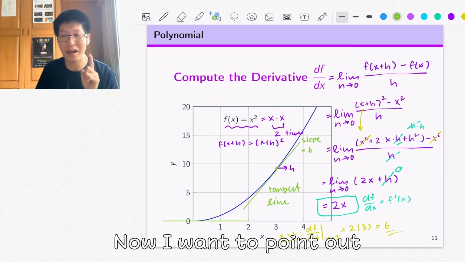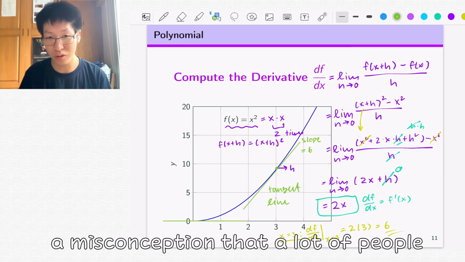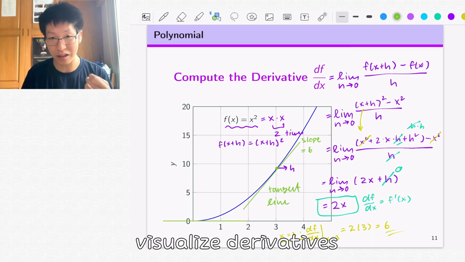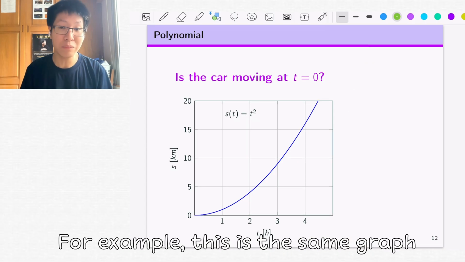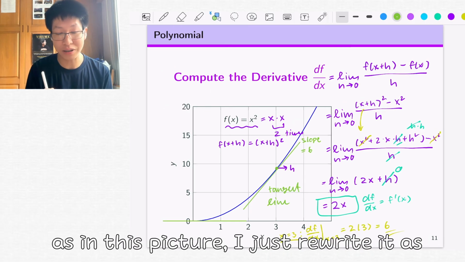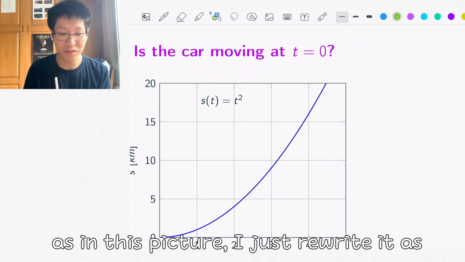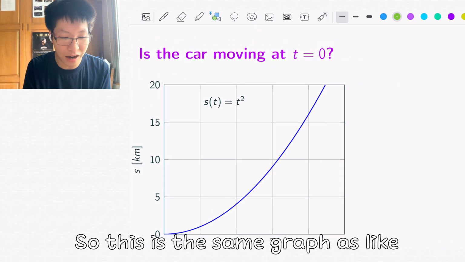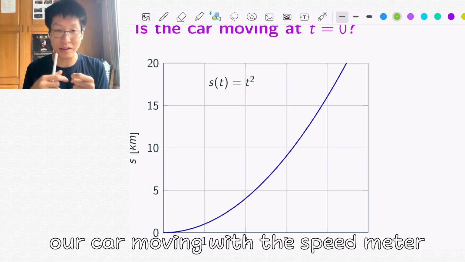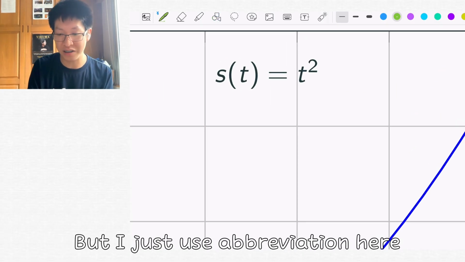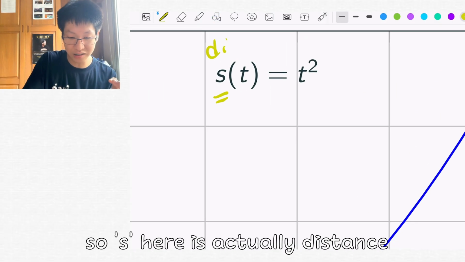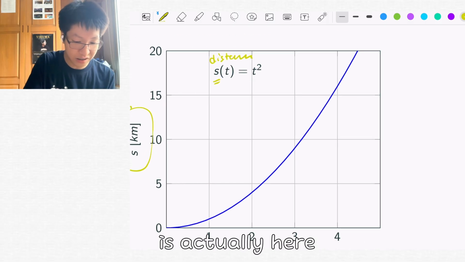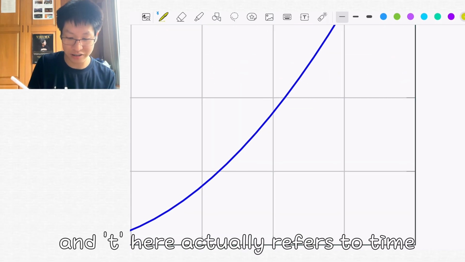Now, I want to point out a misconception that a lot of people have when they visualize derivatives. This is the same graph as in this picture, just rewritten as a slight variation of the example we started with. It's the same graph as our car moving with the speed meter, but I just use abbreviations here. S is distance, and T refers to time.